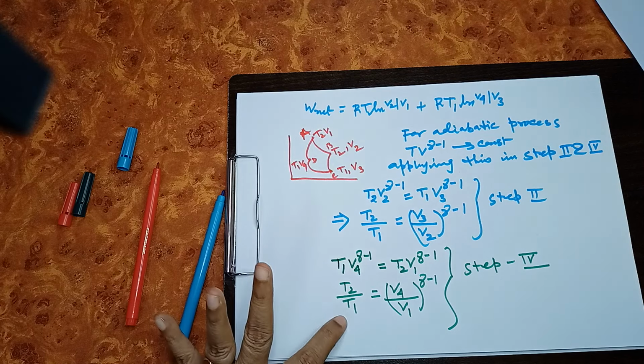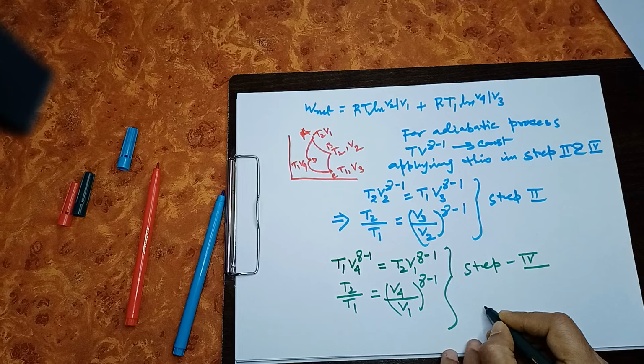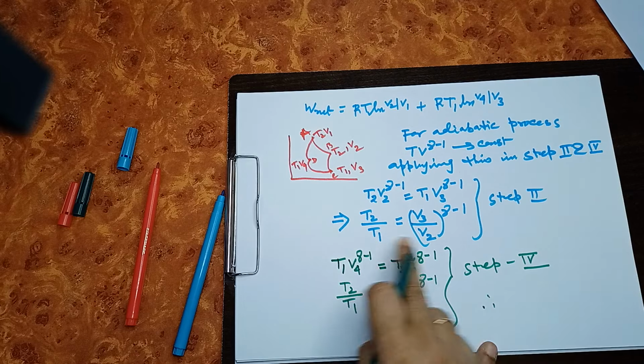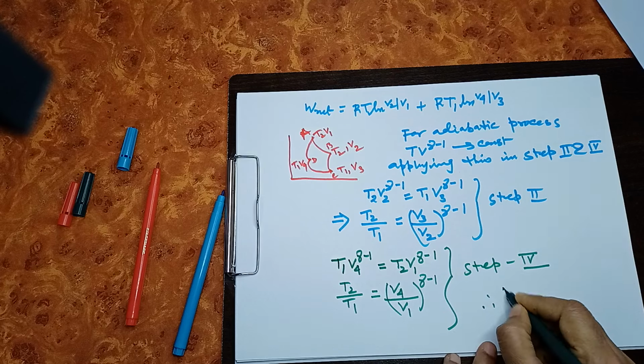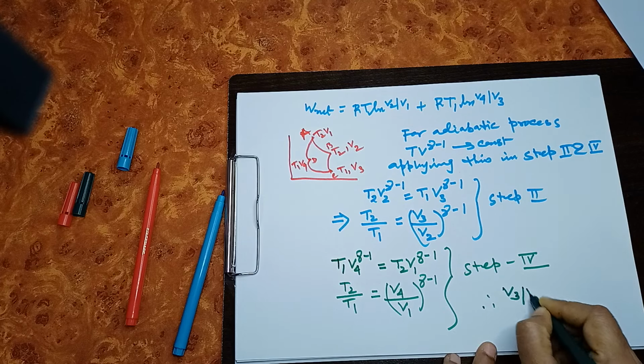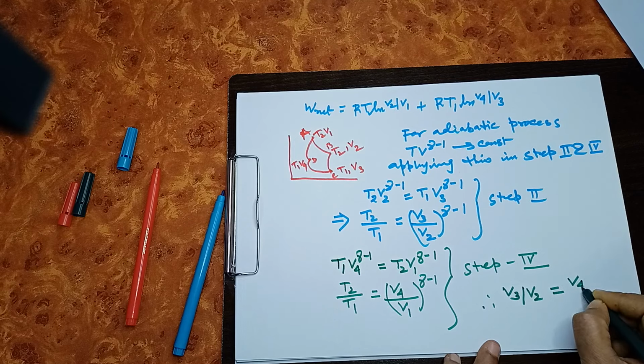This is also T2 by T1. Therefore, we can write V3 by V2 is equal to V4 by V1.